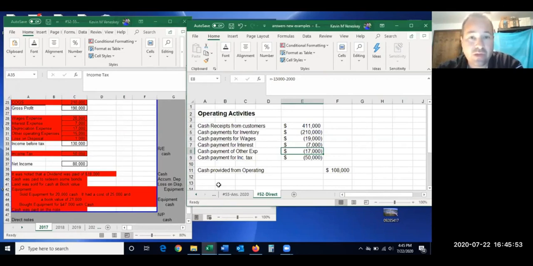You would still do the investing and the financing, but they're going to look just the same as the indirect method did. This is the only section that's going to change. And you can see how it's different. It's looking at the income statement item by item instead of the balance sheet item by item, as the indirect method did.